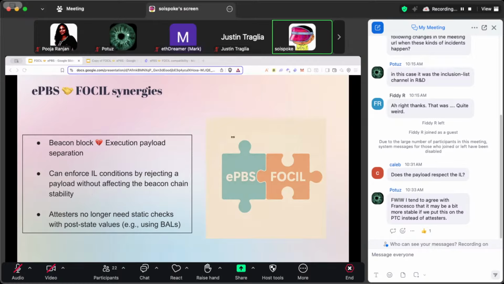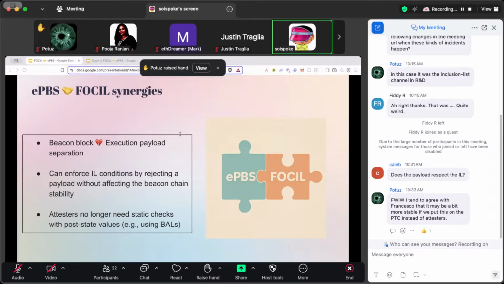I think that was basically it. There is a bit more in the post if you want to check it out, but we can also discuss more.